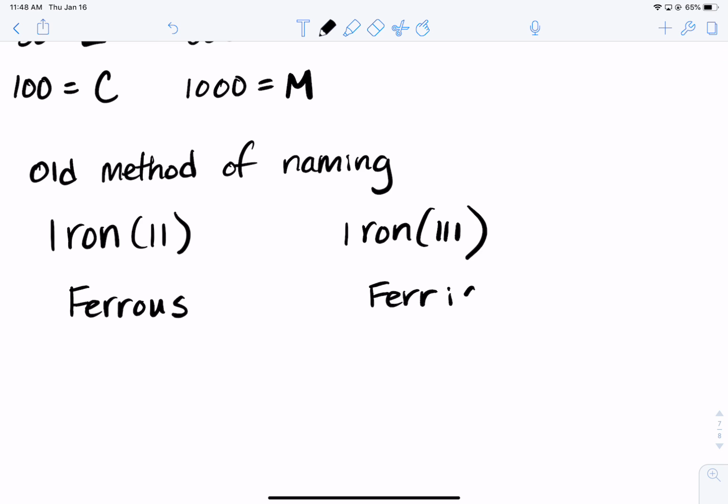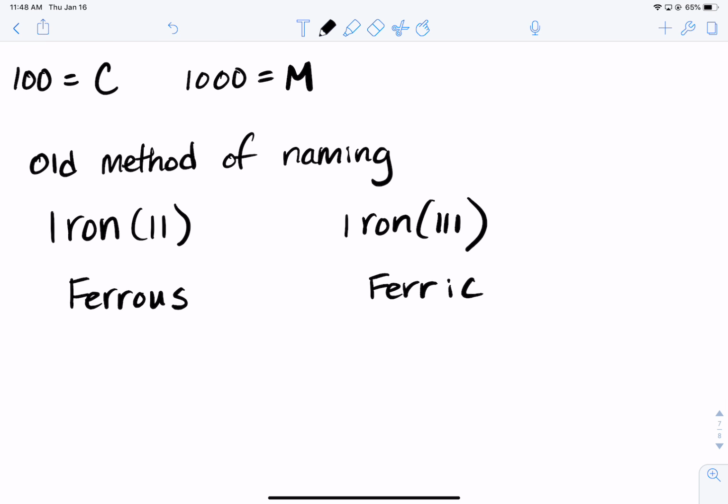If you were ever wondering why the symbol for iron is Fe, how the F and the E have anything to do with the spelling of iron, it's because its original name is something like ferrum. So the charge is ferric or ferrous.